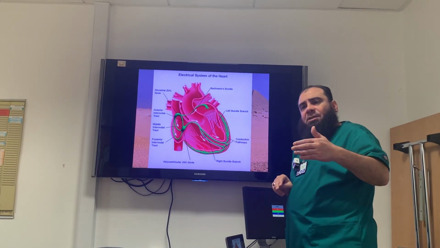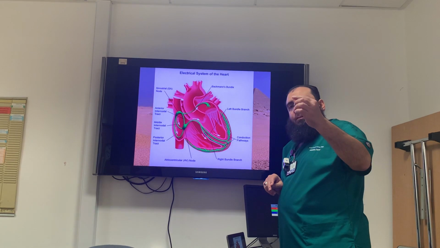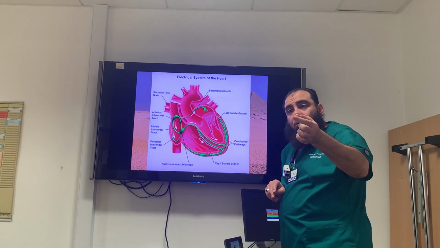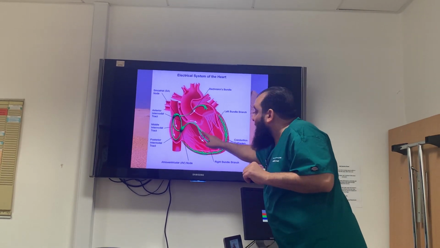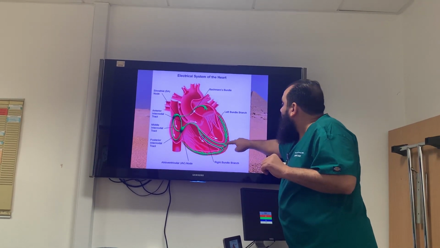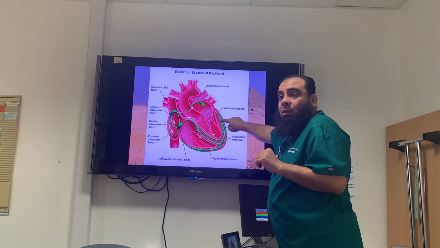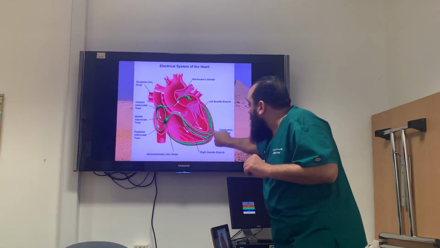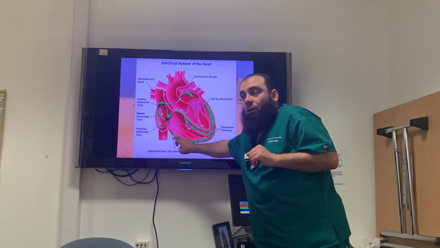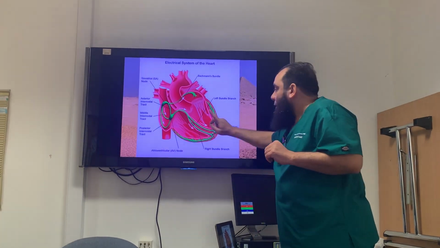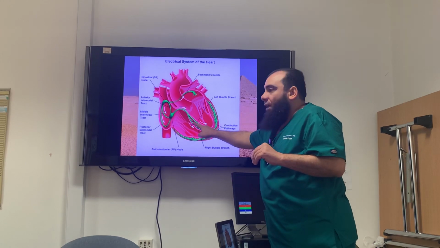So we expect the septum to give us a wave, isn't it? Good. After that, the impulse goes to the left ventricle, and from there to the right ventricle, because that branch is not working anymore. Do you understand? So I will repeat it again. The block is here.